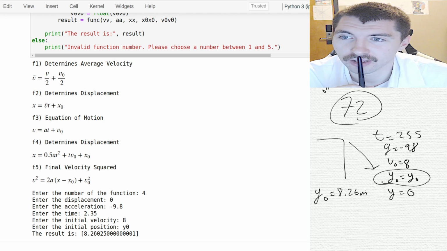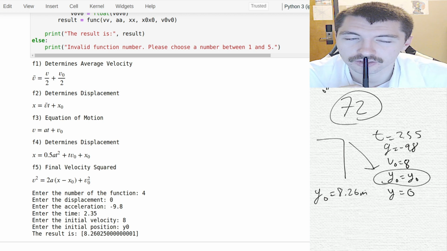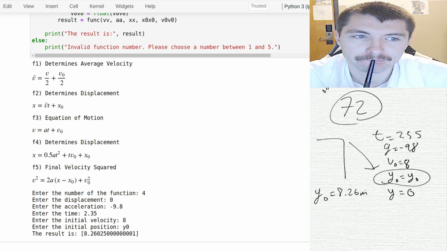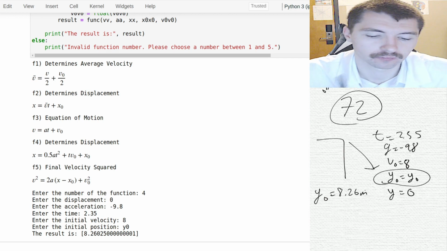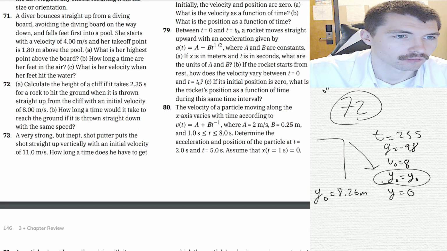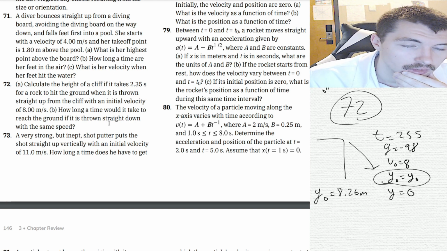So we want to find how long it's in the air. I want it to reach the ground.